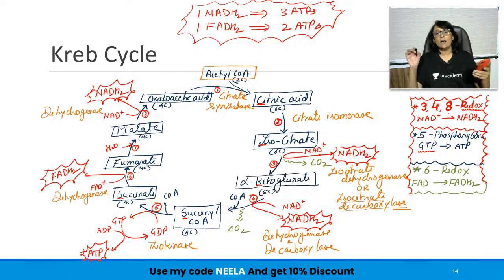Okay, so now let us count the ATPs. The cycle should be drawn in this manner, and if you draw a cycle like this, you will get 5 on 5, because this is going to be asked as a 5-mark question.